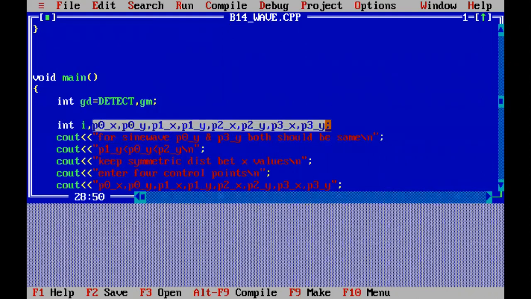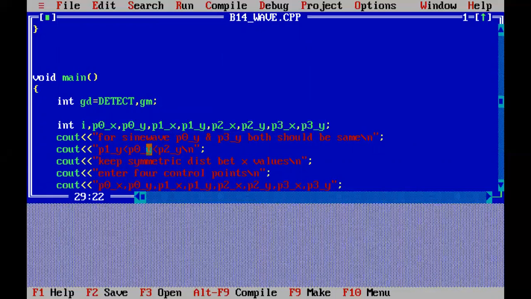Here we have to draw the sine wave, so we'll plot 4 control points, that is p0, and each control point requires x and y coordinates. So here I am considering p0_x, p0_y, p1_x, p1_y, likewise p2 and p3 also.